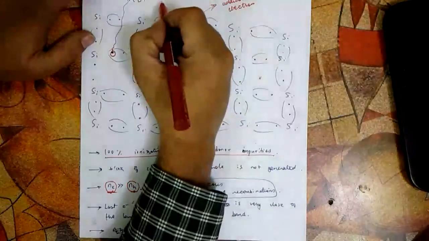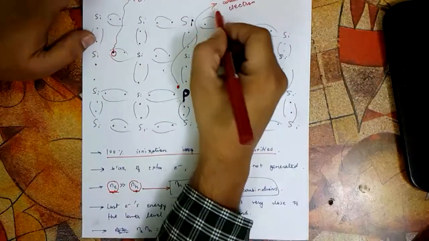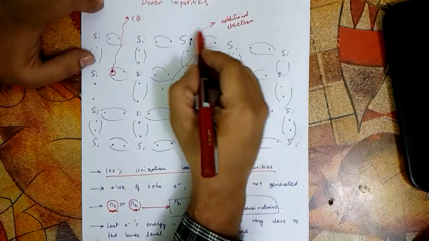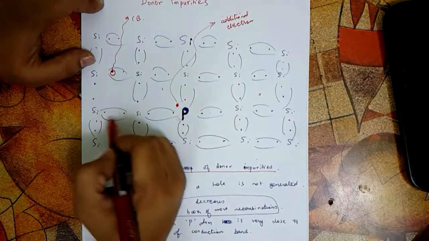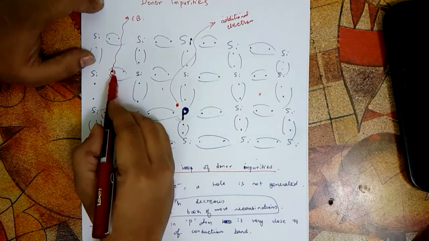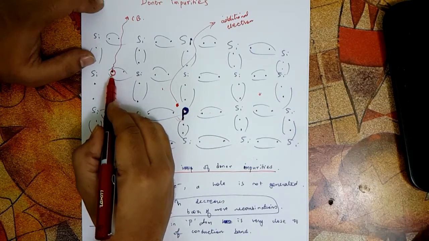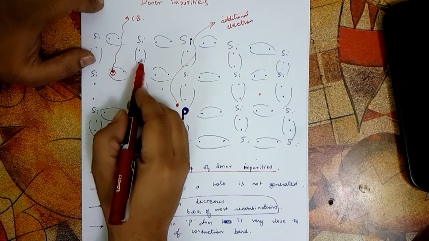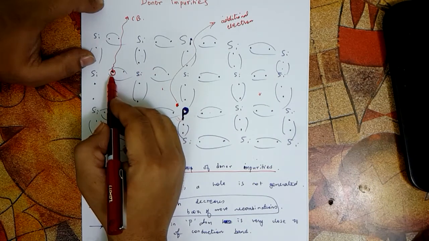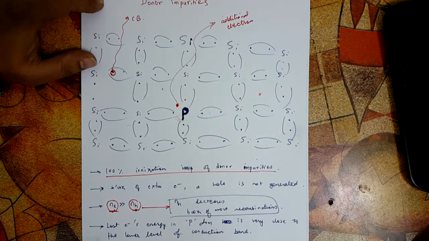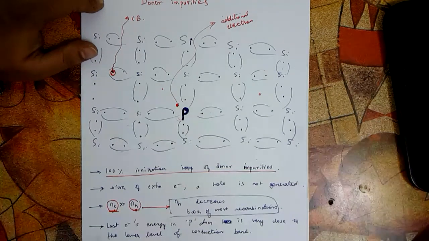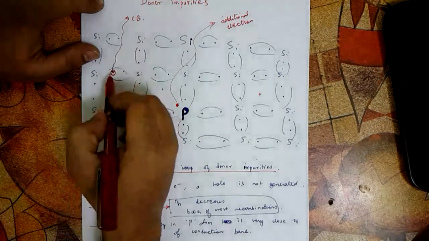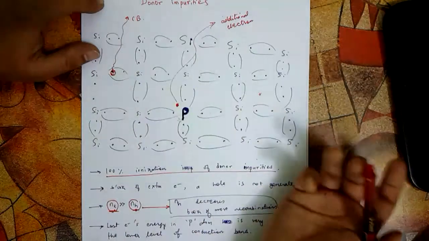For example, this electron which has been generated here may be moving all through the silicon crystal, and it may come to this silicon hole here, and come into the hole and fit in. And once this electron fits into this hole, we say that a recombination has taken place. So the electron hole pair will get destroyed, because now the hole is lost. Once the electron comes and fits in, the hole is lost and the free electron is also lost.